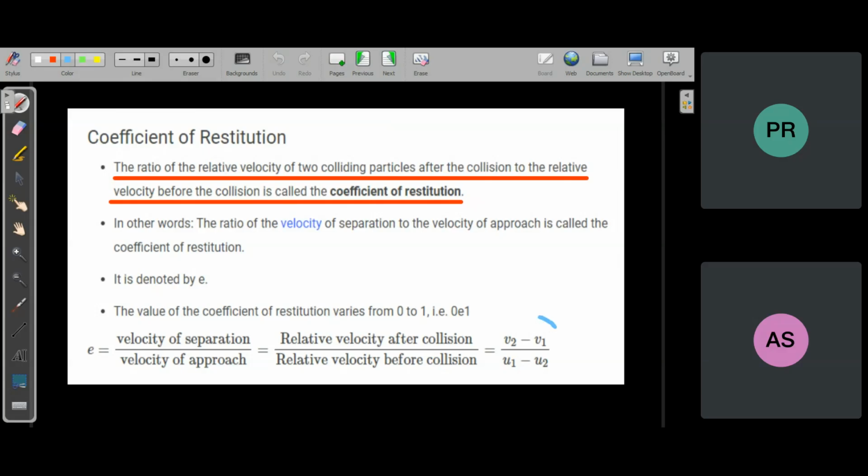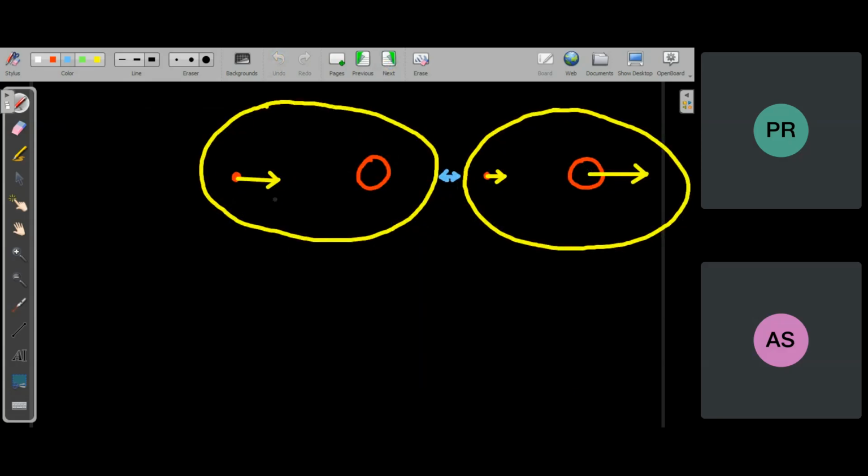So you can see V2 minus V1, but look at the denominator. It is U1 minus U2, because U1 is bigger and U2 is 0, at rest. But after the collision, V1 will decrease and V2 will increase. So bigger minus a smaller. Are you getting? Yes, I'm getting.